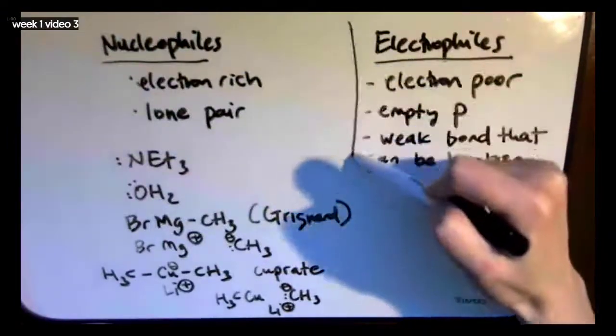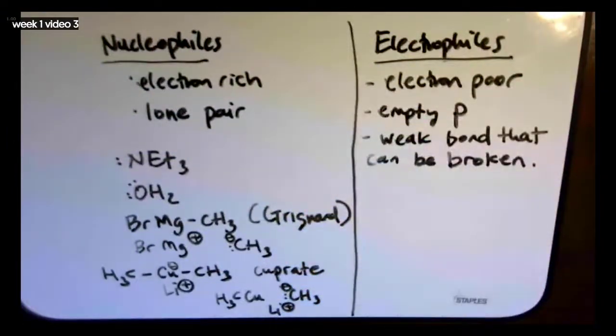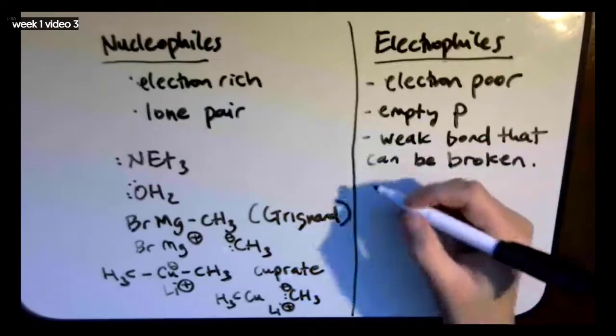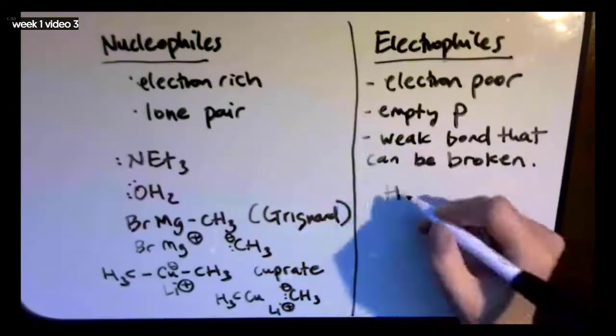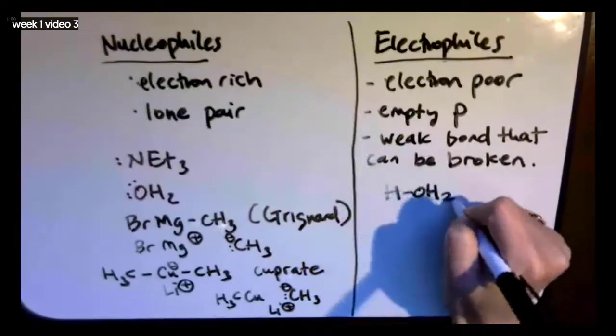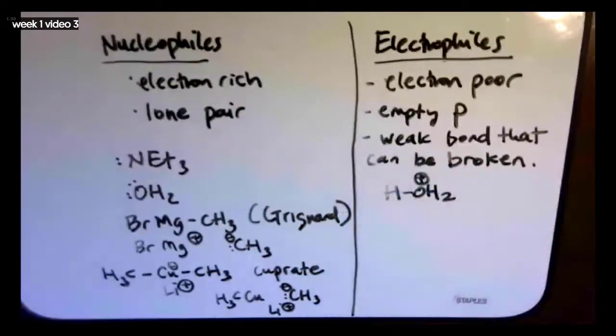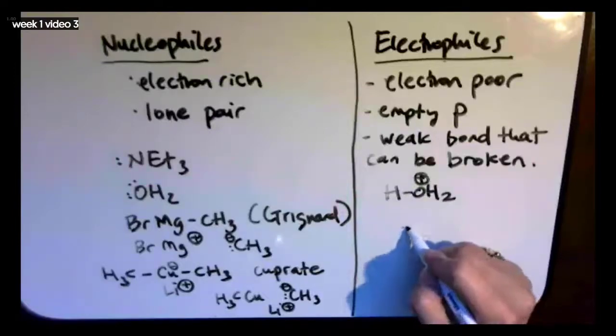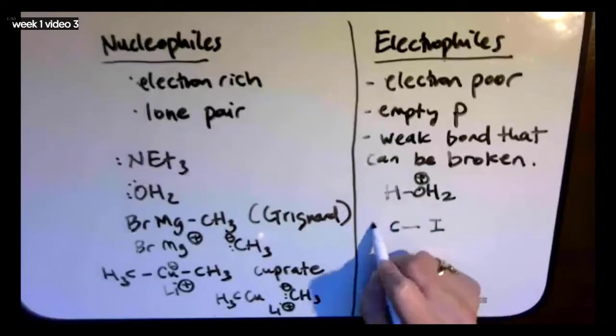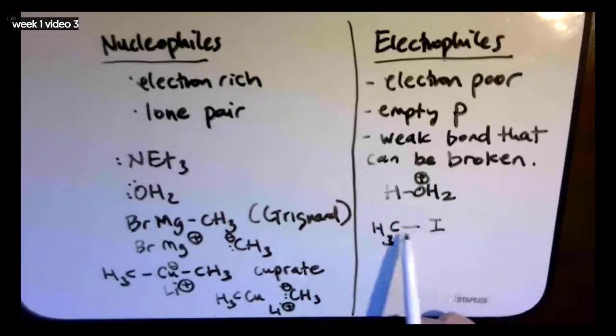Typical examples of electrophiles, you know, everybody's favorite, maybe, one of my favorites, H3O plus, right? Protonated water is a great electrophile to give up a proton. Alkyl iodides, where we have this really weak carbon iodine bond that's prone to breaking. So alkyl halides, particularly the iodides, are prone to attack by nucleophiles.